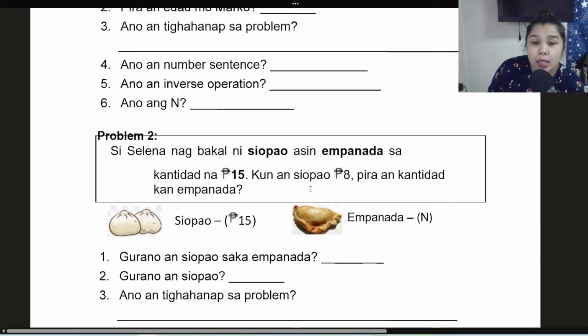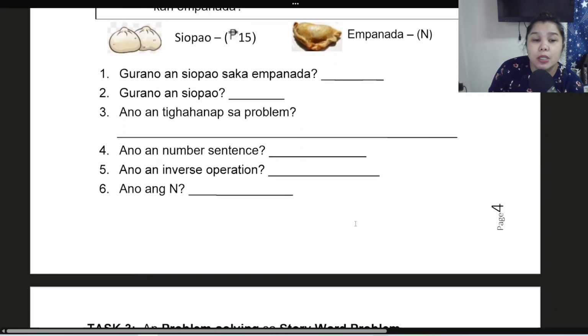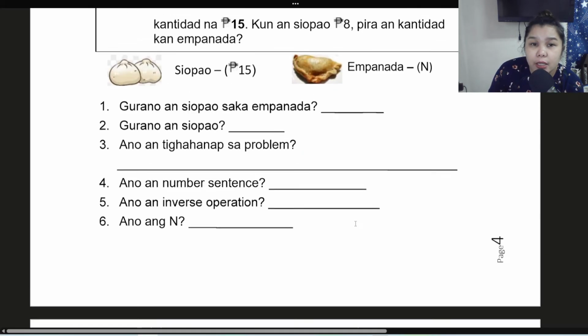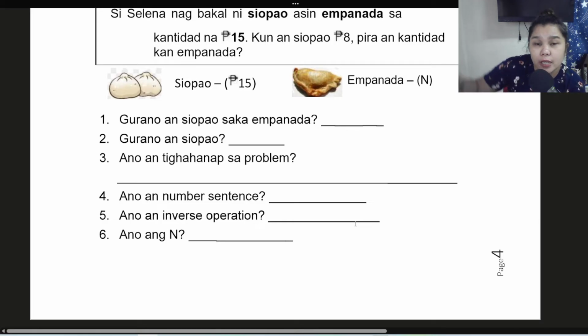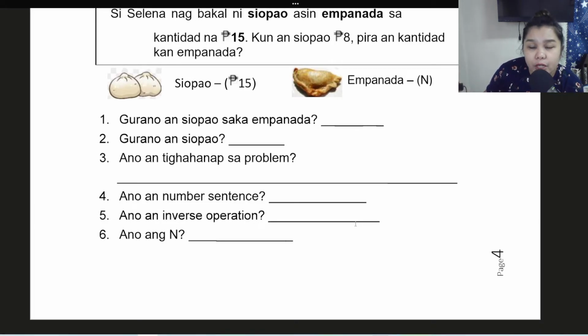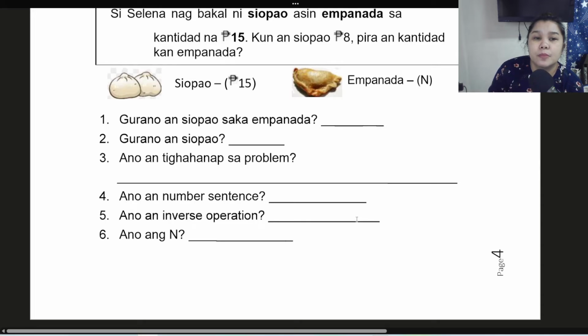Look back at the question. Number 4, what is the number sentence? Your original, first number sentence. Number 5, what is the inverse operation? It refers to the final number sentence. And then, what is n? So that is for this page. Pause so you can finish all the questions on page 4.